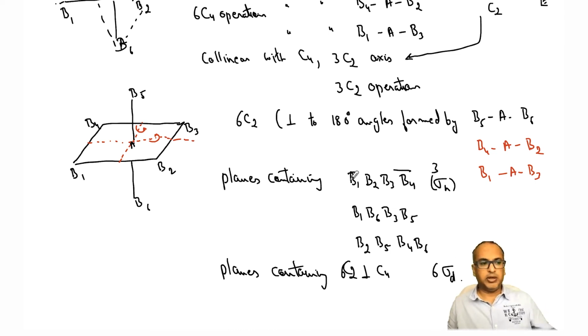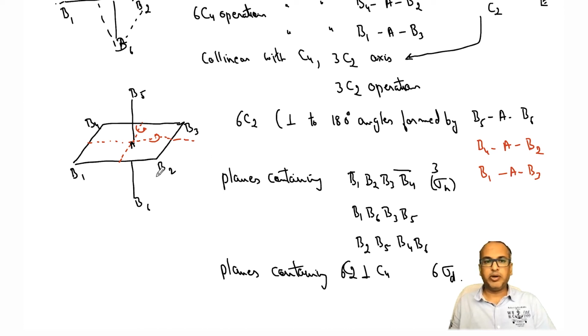I hope that these 3 molecules should be sufficient to give you enough understanding on how to locate different proper axes of rotation and planes. If there are any troubles, we can again discuss during the interaction session. But the idea here is that if you list down all the atoms containing different symmetry elements, you won't get lost and you will be able to list the exact number of symmetry elements present.